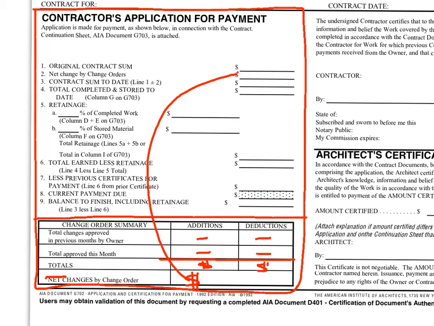So you take the previous certificates of payment away from the total earned to date less retainage, and that leaves you with line 8, which is the current payment due. Line 9 is the balance to finish including retainage, and it is the sum of line 3, contract to date, minus line 6, which is total earned less retainage. That will leave us with the balance to complete the contract.